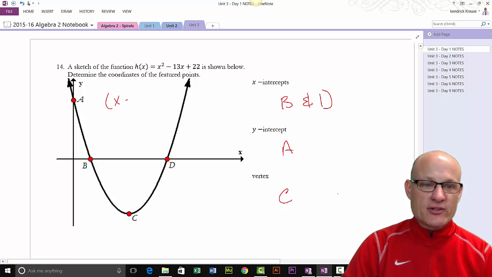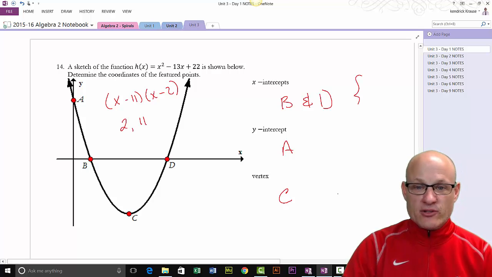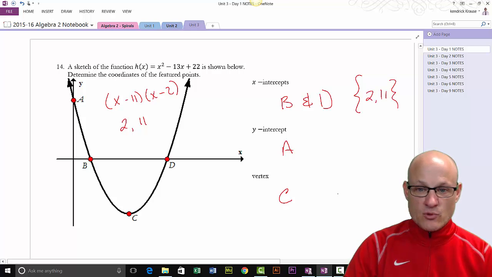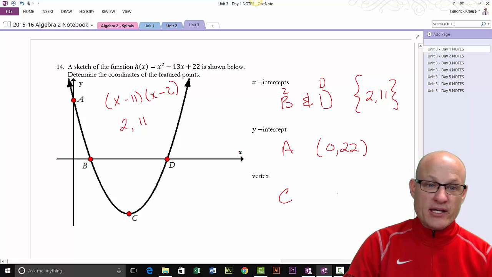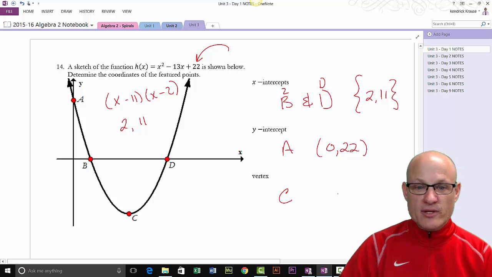This is x minus 11, x minus 2. So my roots are 2 and 11. So my x-intercepts are really 2 and 11, where B is 2 and D is 11. A is really just 22. So this point is 0, 22. Remember, because A is my y-intercept.